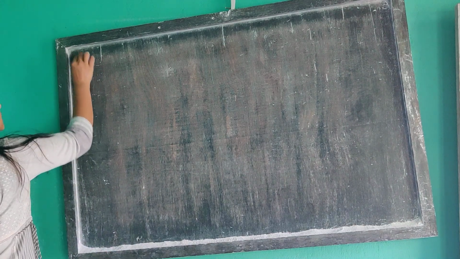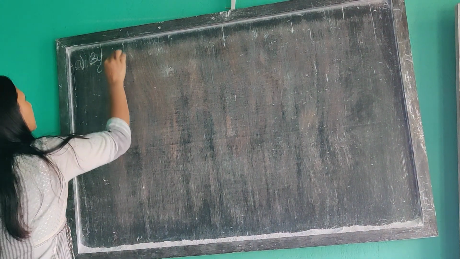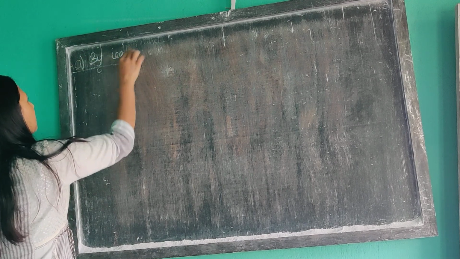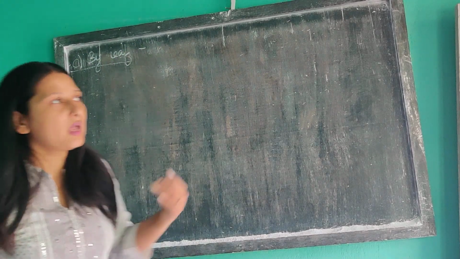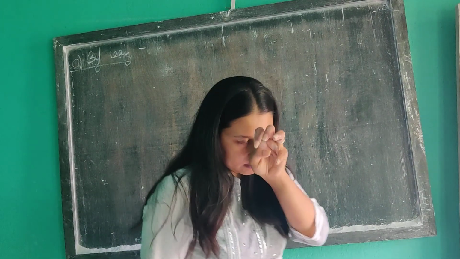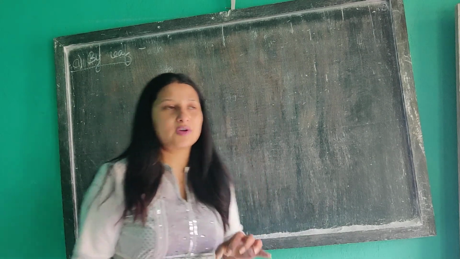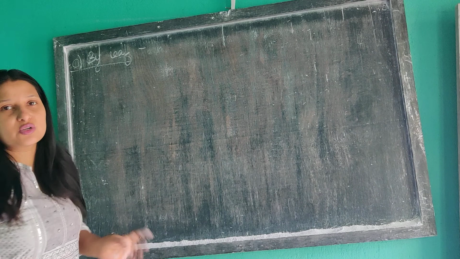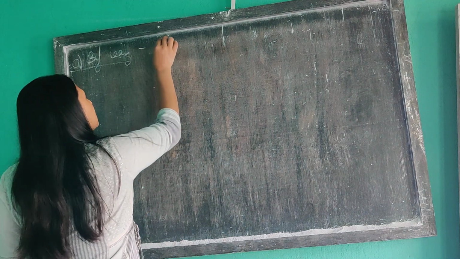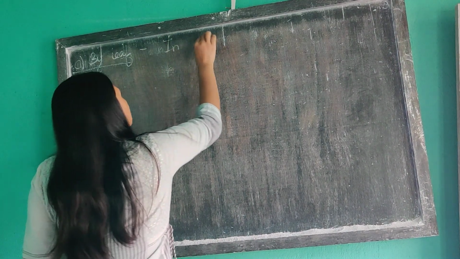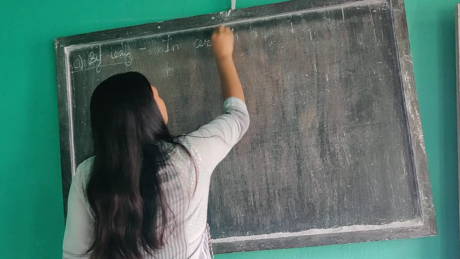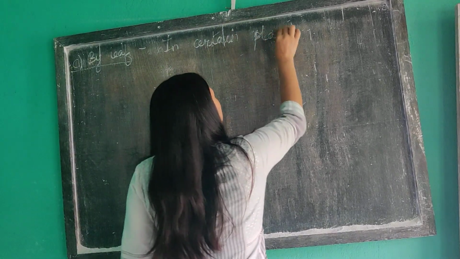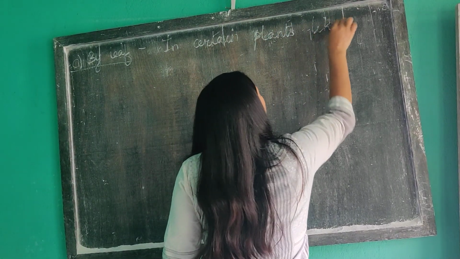Now let us study natural vegetative propagation that occurs by leaf. Okay, in some plants the leaves are fleshy. They are fleshy and they have notches, notches that lie along the margin of the leaf. So certain plants like bryophyllum.